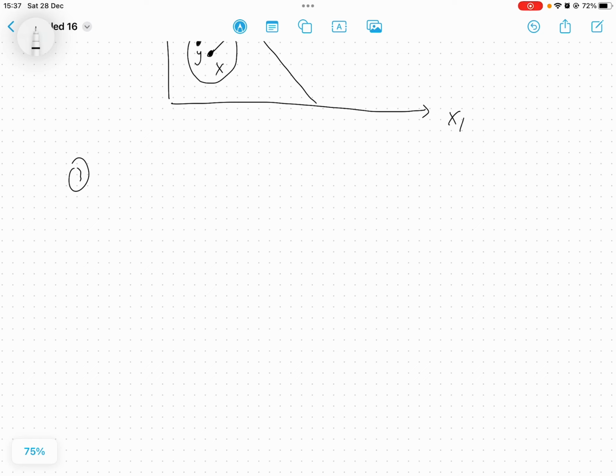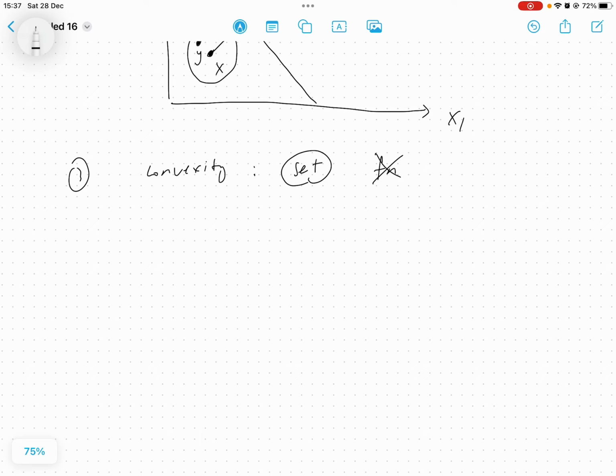Good. So here the very important point is that this convexity, we're talking about the convexity for some set, it's not for any function. That is something very important to keep in mind.